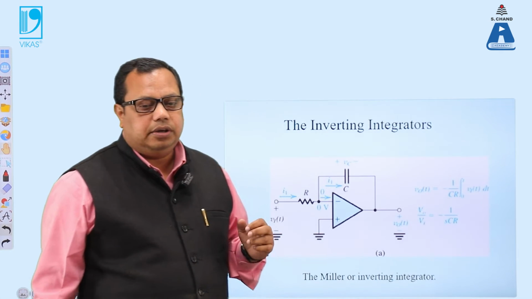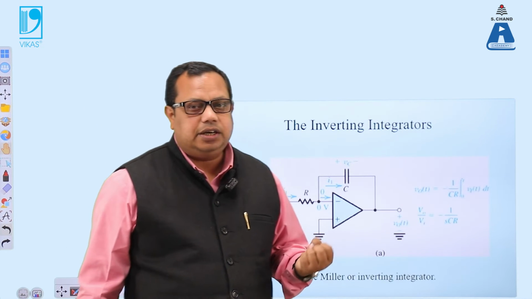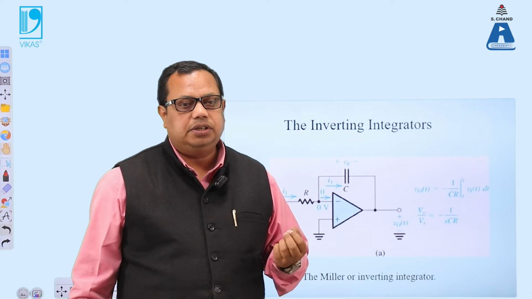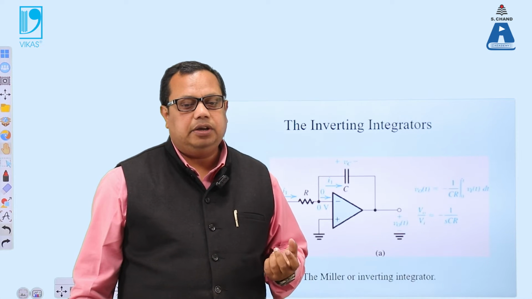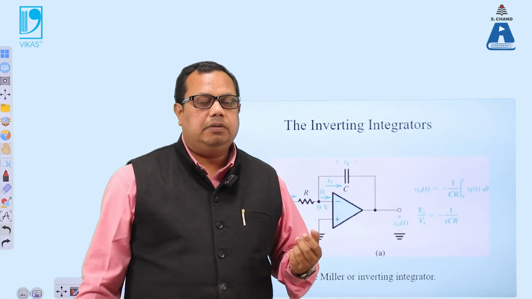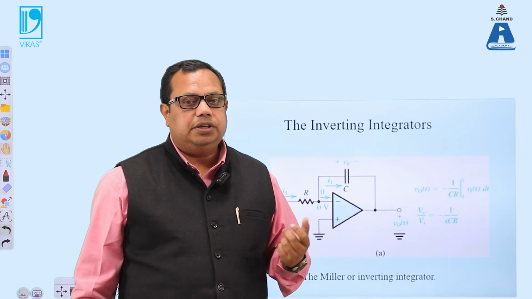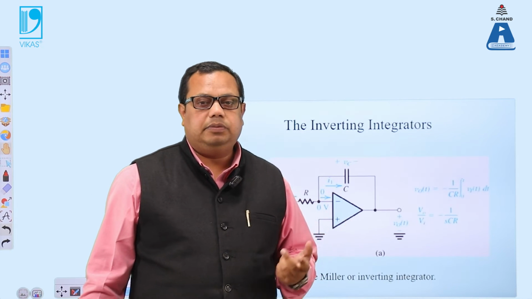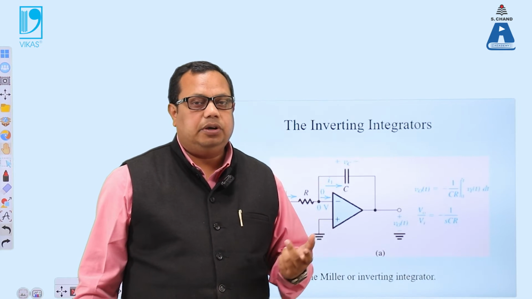Here we need to understand one thing, how we are making changes in the input. If you make a change in the input, it will become inverting or non-inverting. It will become an adder, and we can calculate this as a summer.